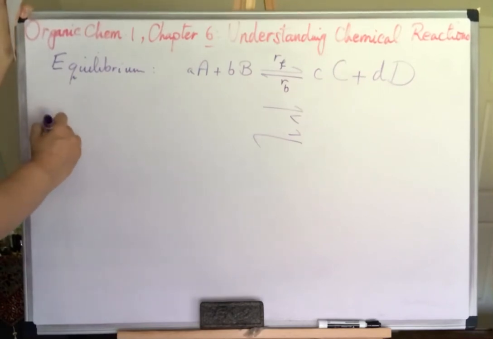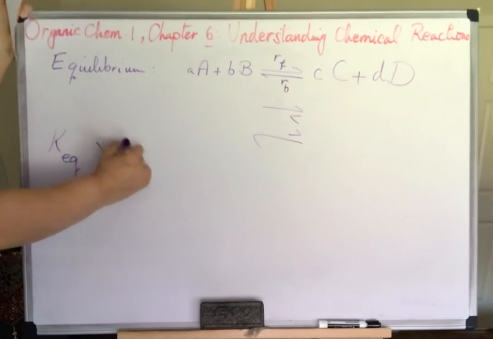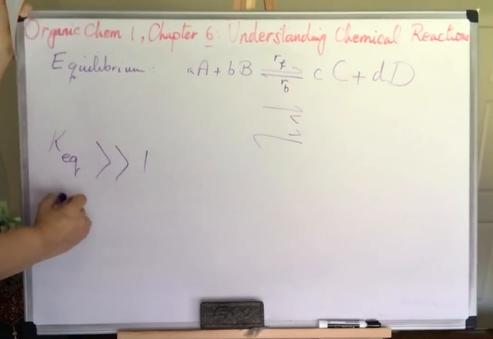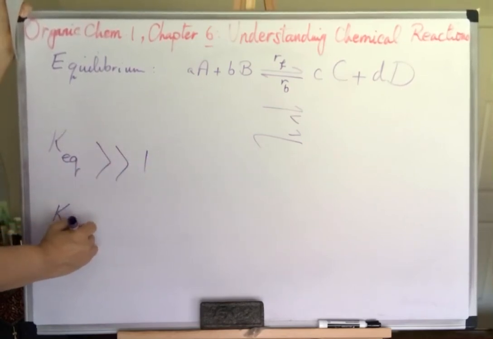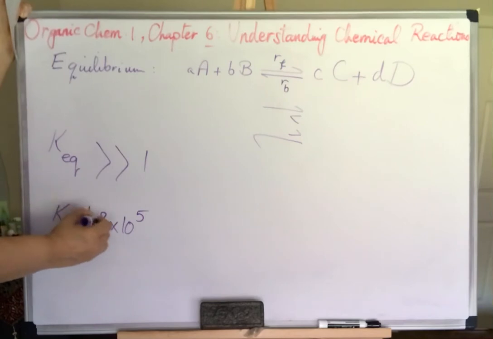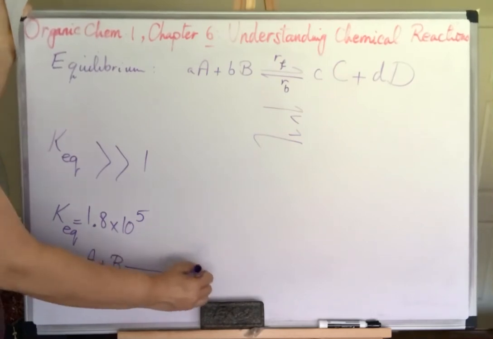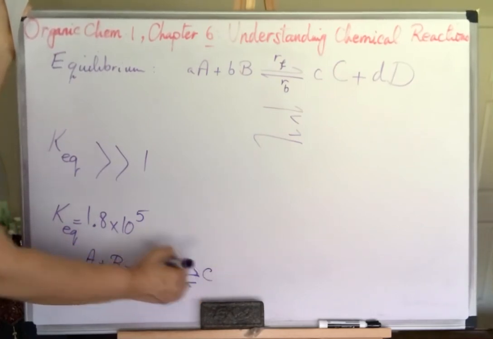So let's see, if a K equilibrium is much more than 1, like here, when K equilibrium for the reaction is 1.8 times 10 to the 5th, it's a huge number, means it's going towards the products big time. Just a little bit goes back.